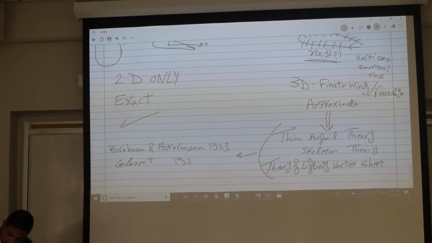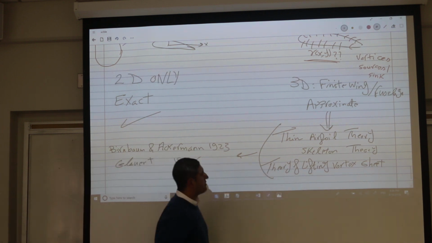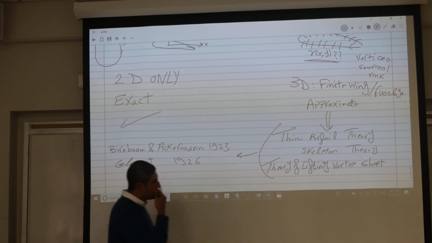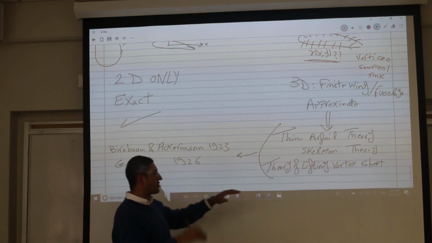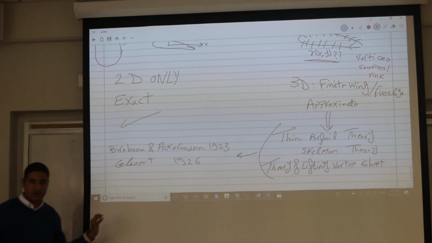Glauert, 1926. So they developed what we know here in the West as the thin airfoil theory. I guess they called it in Germany what maybe translated as skeleton theory, because it's the skeleton of your airfoil.